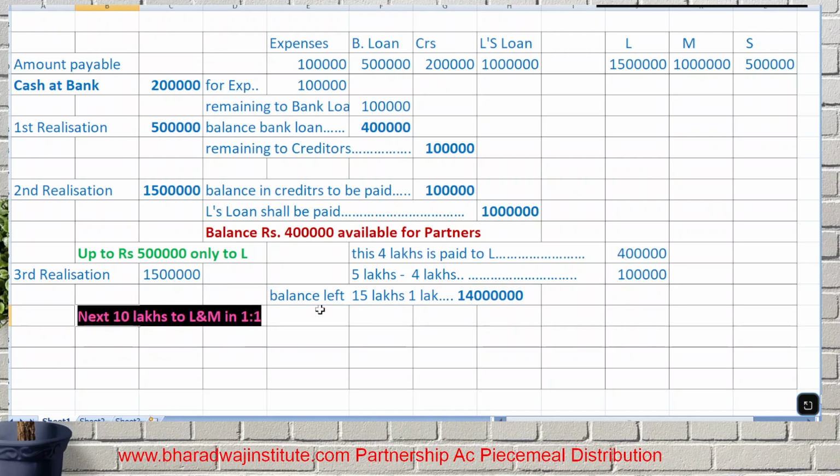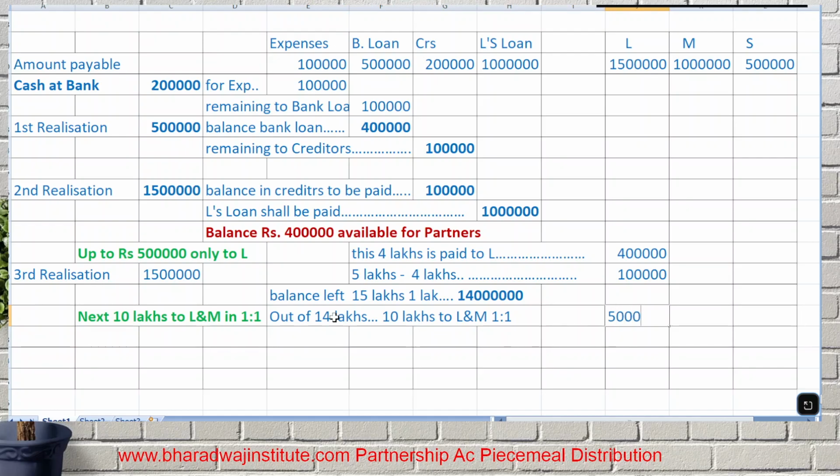For satisfying this condition, out of 14 lakhs, first that 10 lakhs to L and M only. In which ratio? 1:1 ratio. What will 1:1 ratio give? 5 lakhs, 5 lakhs.